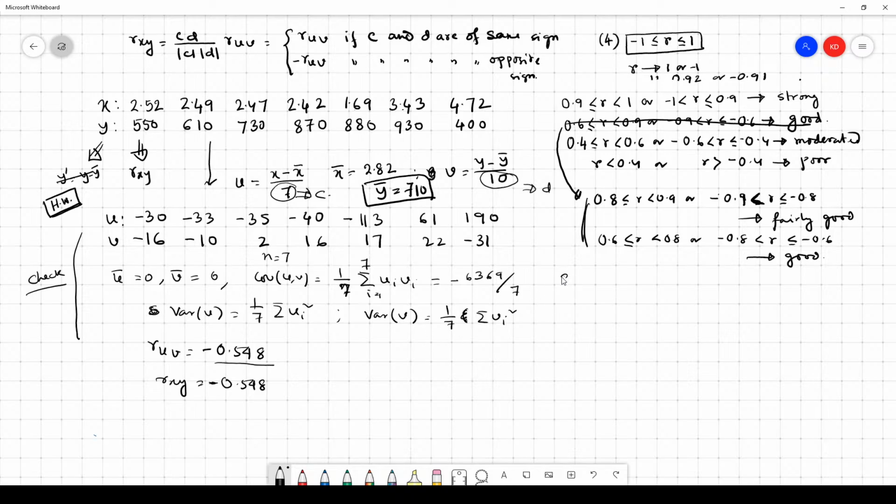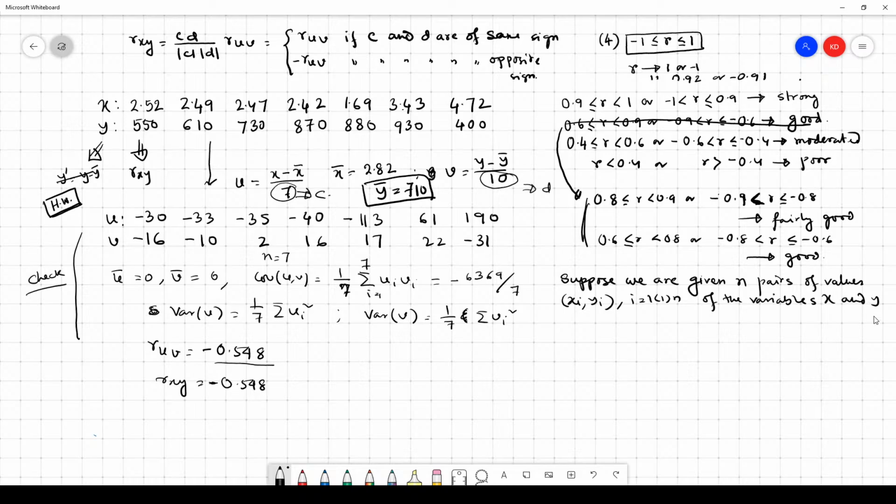Suppose we are given n pairs of values xi, yi, i from 1 to n, of the variables x and y.